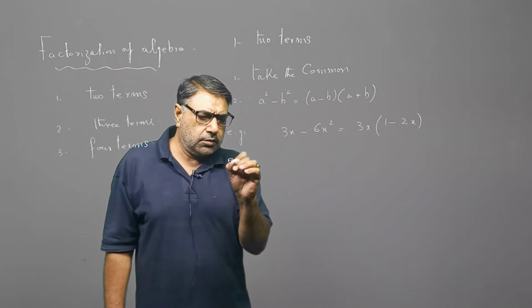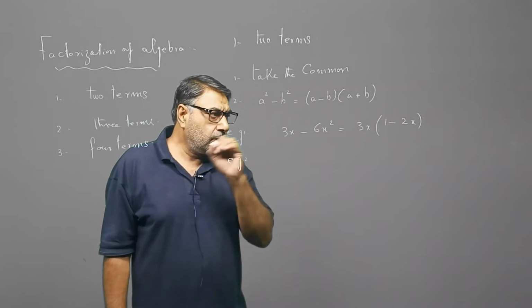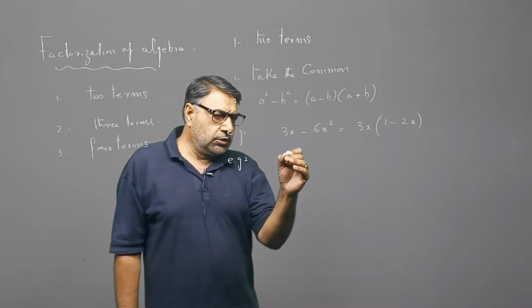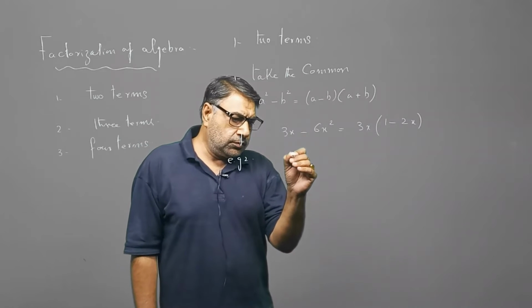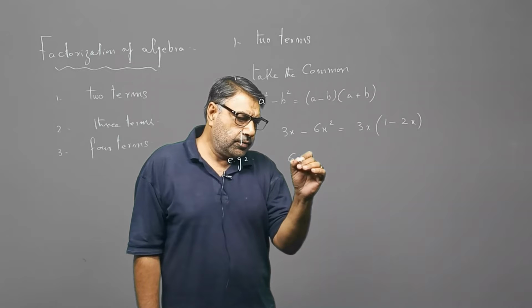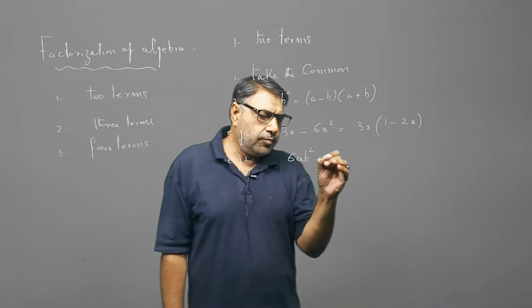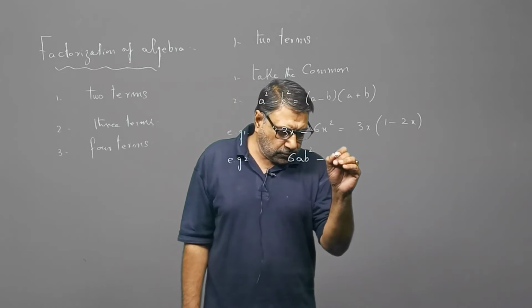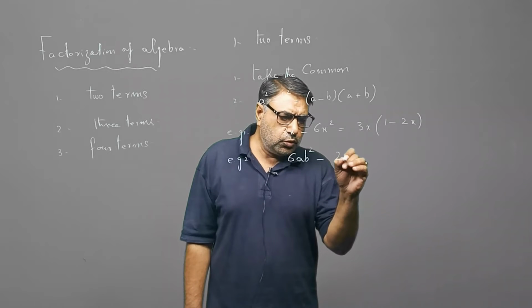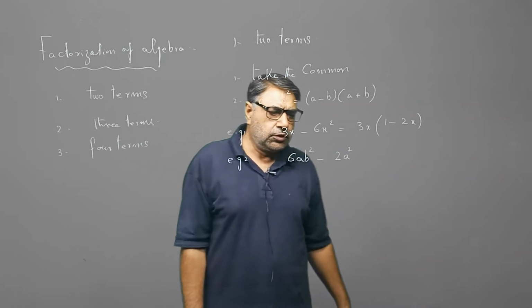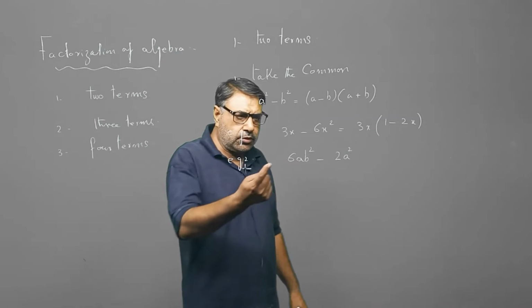Example number 2. 6ab squared minus 2a squared. Now what is common between the two?